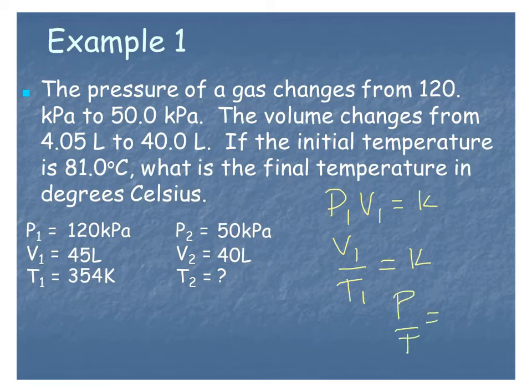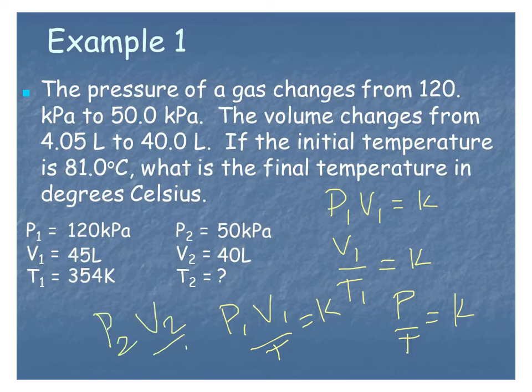So when we combine all this, P1, V1 over T1 has to also be a constant. You could then equate that to P2, V2 over T2, which is that same constant.